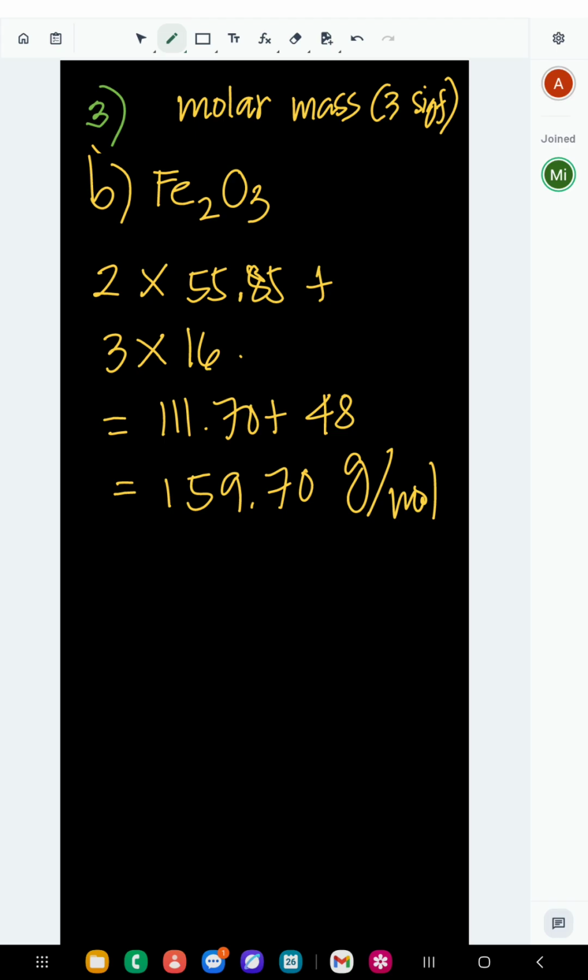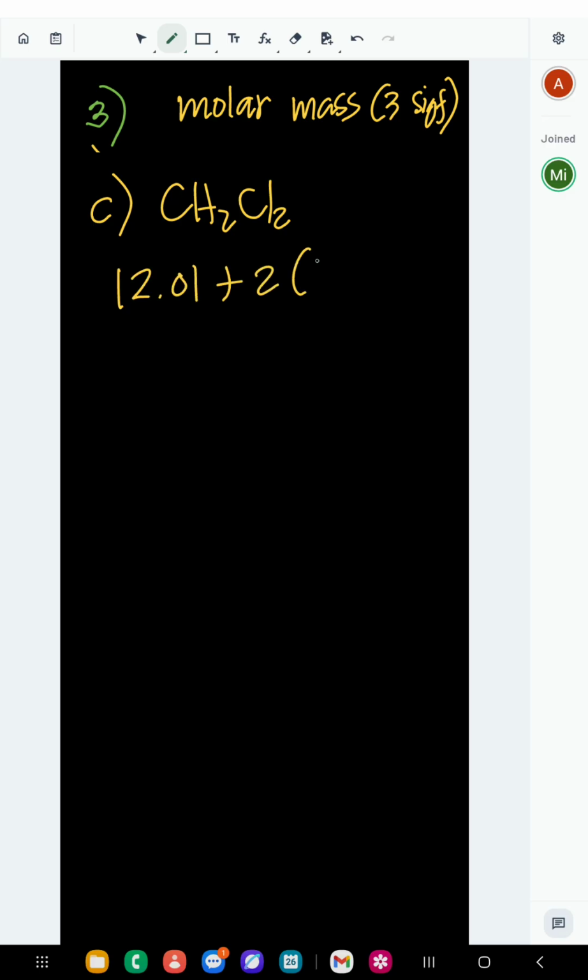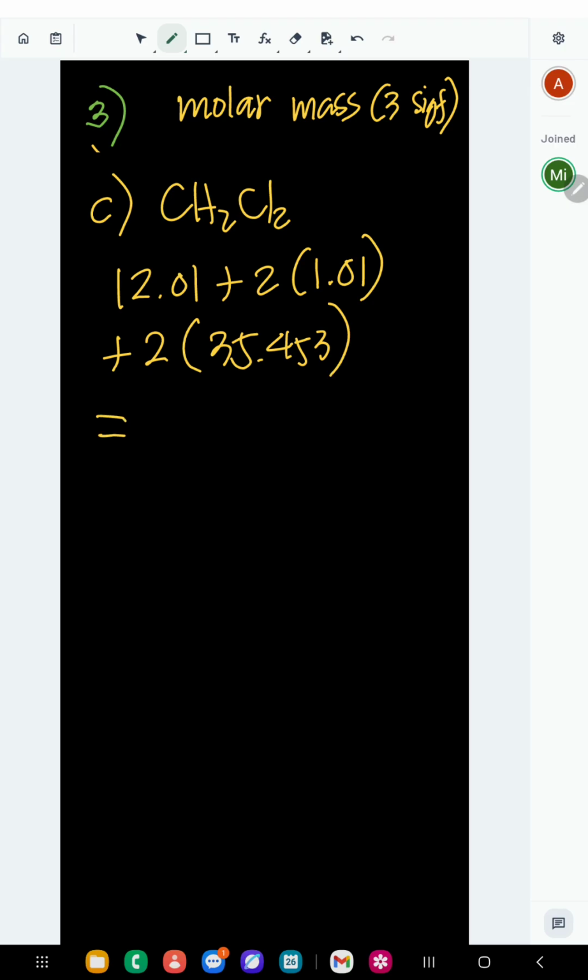Then we have CH2Cl2. So that is 12.01 plus 2.016, plus 70.90.